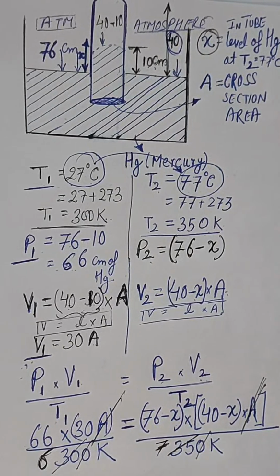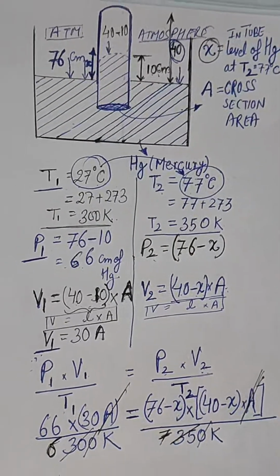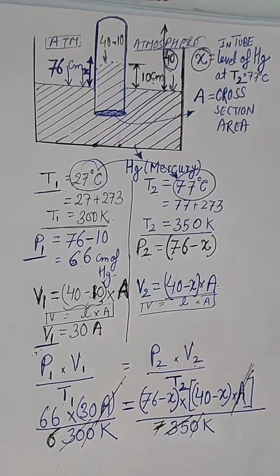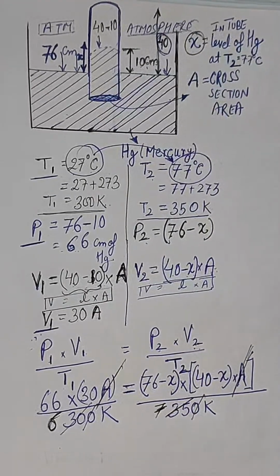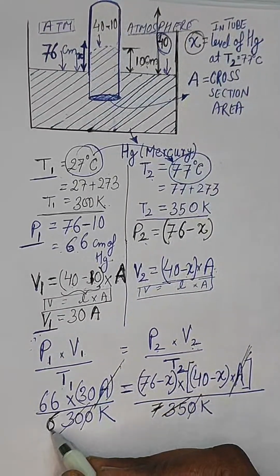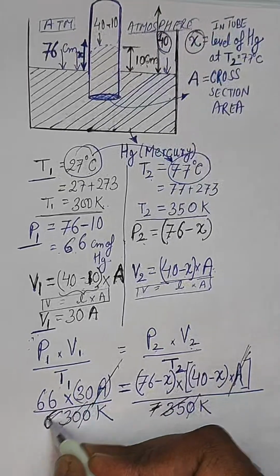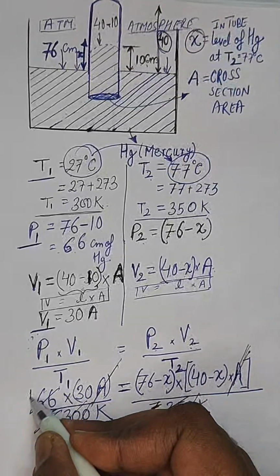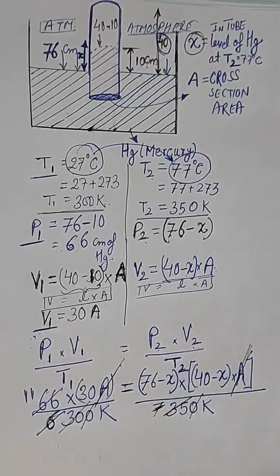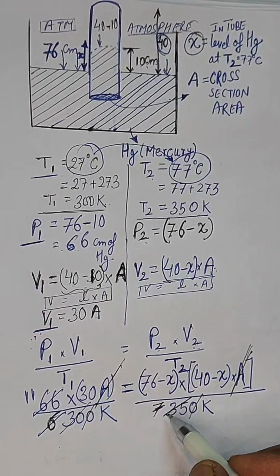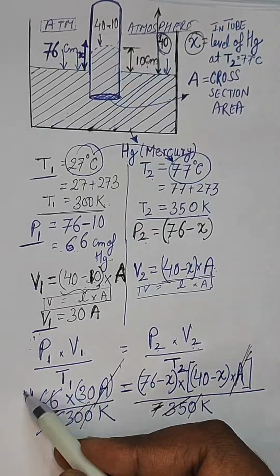Let me squeeze a little. So 6 will cancel this 66 in 11 times, and this 7 will be multiplying here.